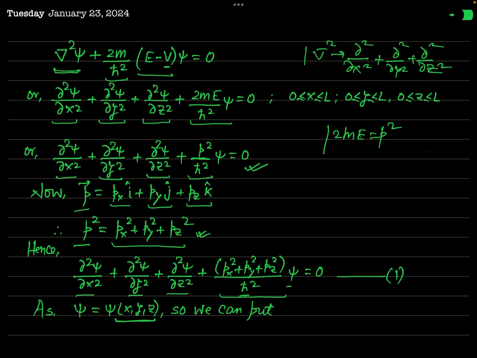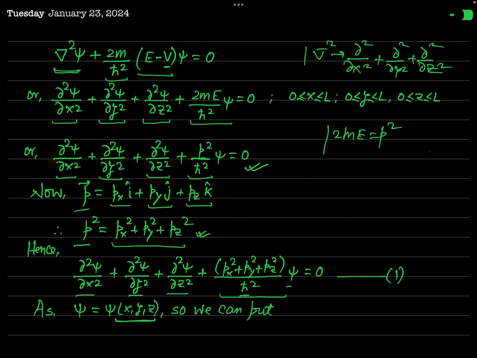You have definitely done the course on solution of differential equations in mathematical physics, and you have an idea that such a partial differential equation of second order is solved by a proper method known as the variable separation method. There are so many methods, but the variable separation method is frequently used in solving physical problems like this.